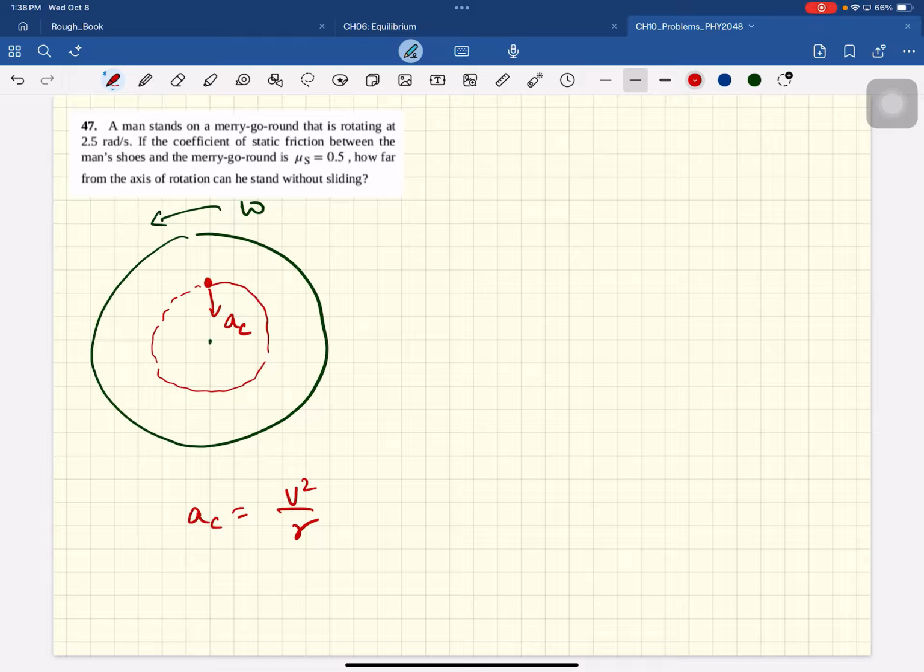And v is r omega, so v squared divided by r is r omega squared. Omega is constant, so the further out you are, the greater your centripetal acceleration.